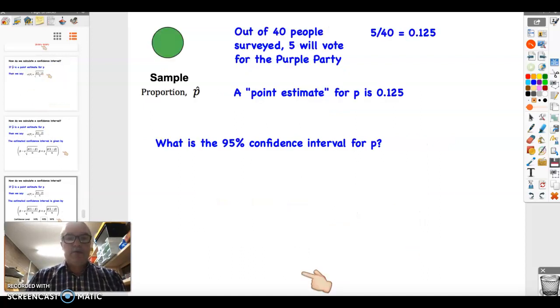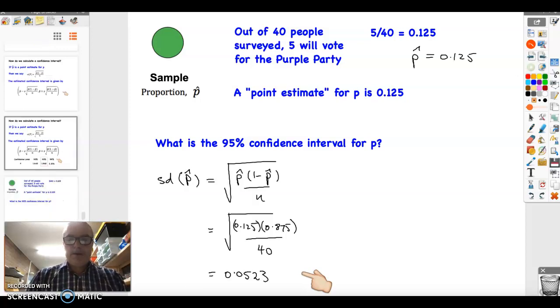So in this example, let's look at how I calculated those 2 limits using that formula. So first of all, we know from the survey that our point estimate is 0.125, and the size of the survey was 40. So using those values in this formula for the standard deviation, I've calculated a standard deviation of 0.0523.